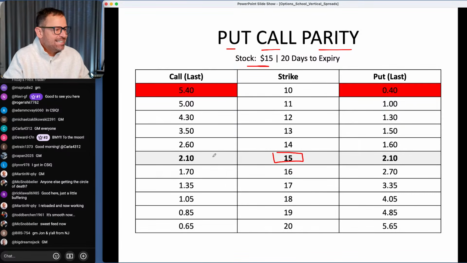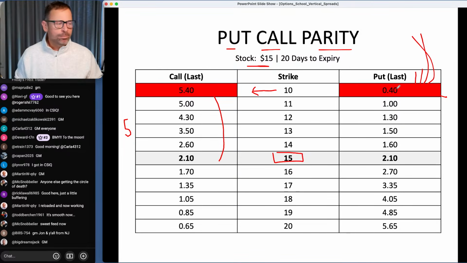15s. Let's say the 10 strike calls are worth $5.40. That's $5 of intrinsic value, right? $5 of stock. The premium is in the puts. So there's 40 cents of premium in the calls.